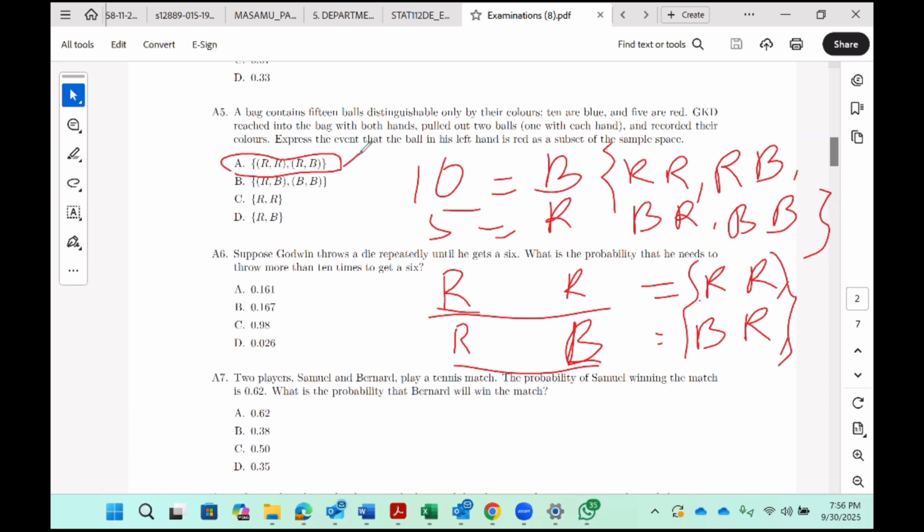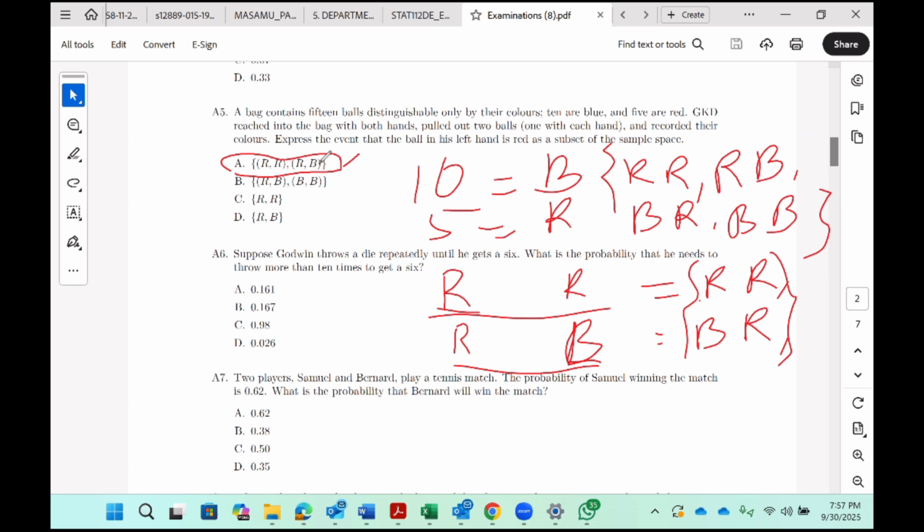You have red, blue, and blue, blue. The third one is just red, red, and the last one is red, blue. So for your possibility, the left hand should be what? Red, and the second hand can be blue or can be what? Red too as well. Is that okay?